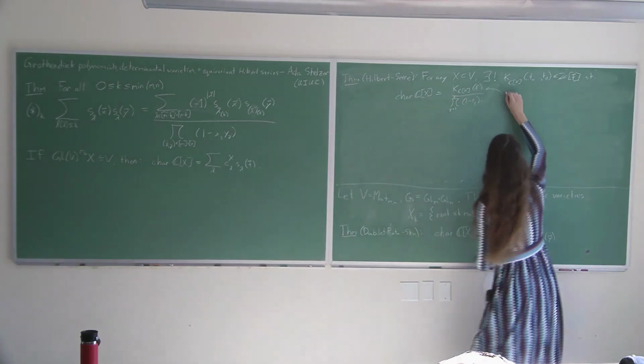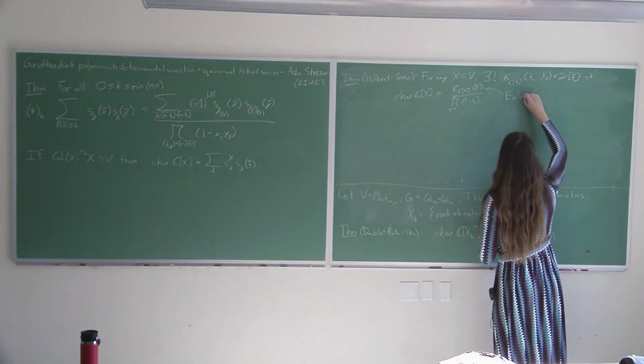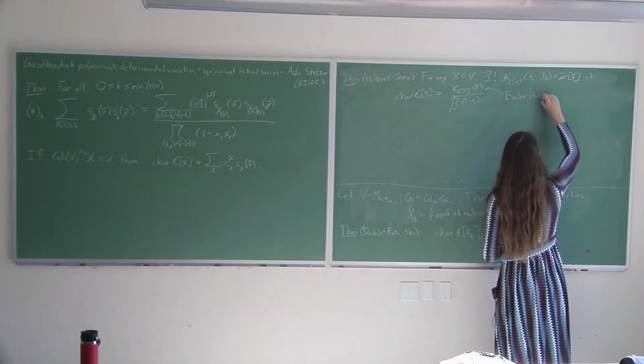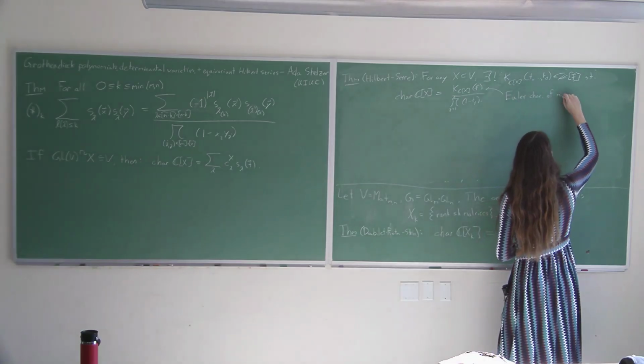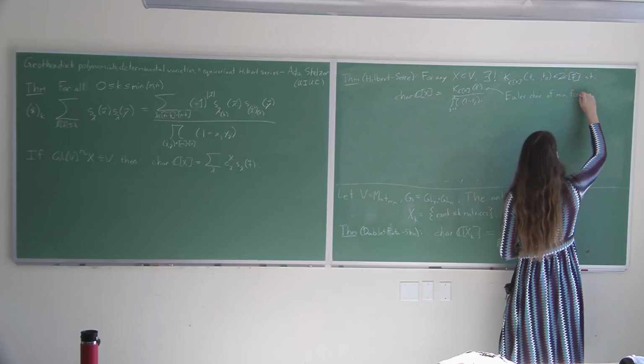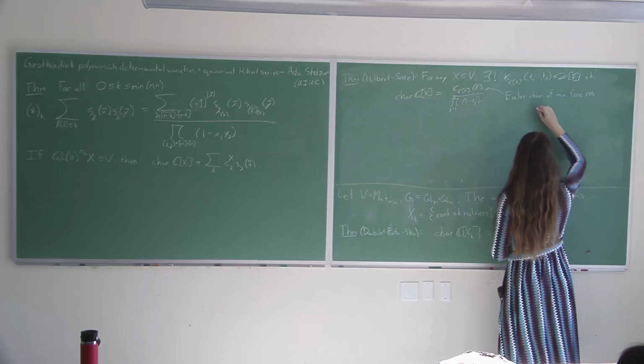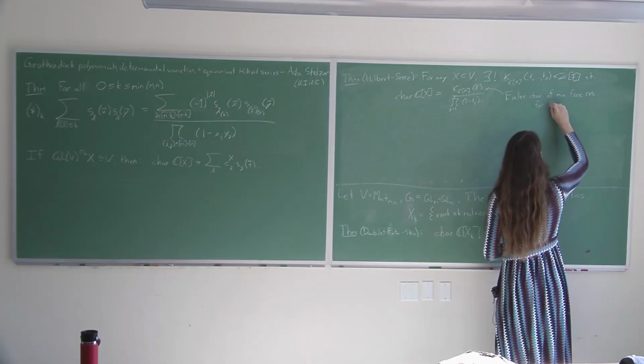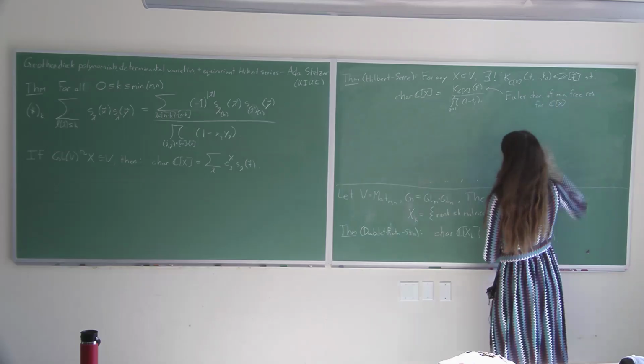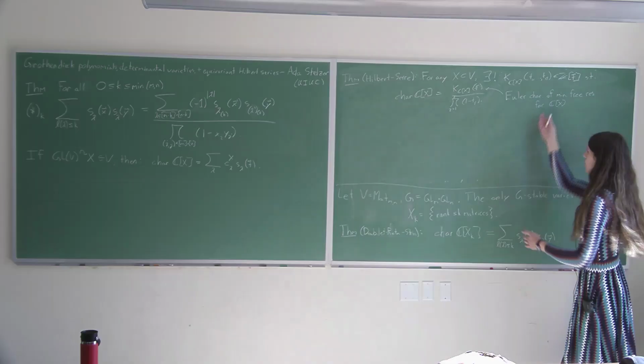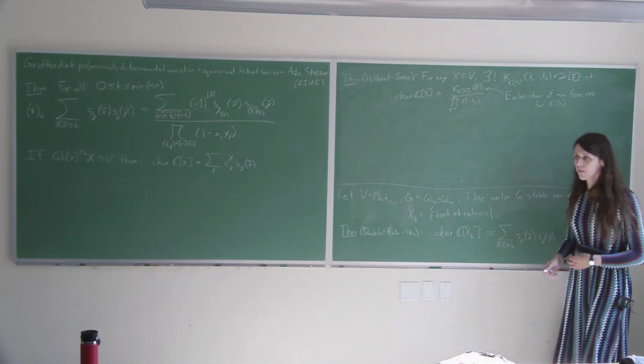This is the Euler characteristic of the minimal free resolution for our coordinate ring as a module over the polynomial ring.